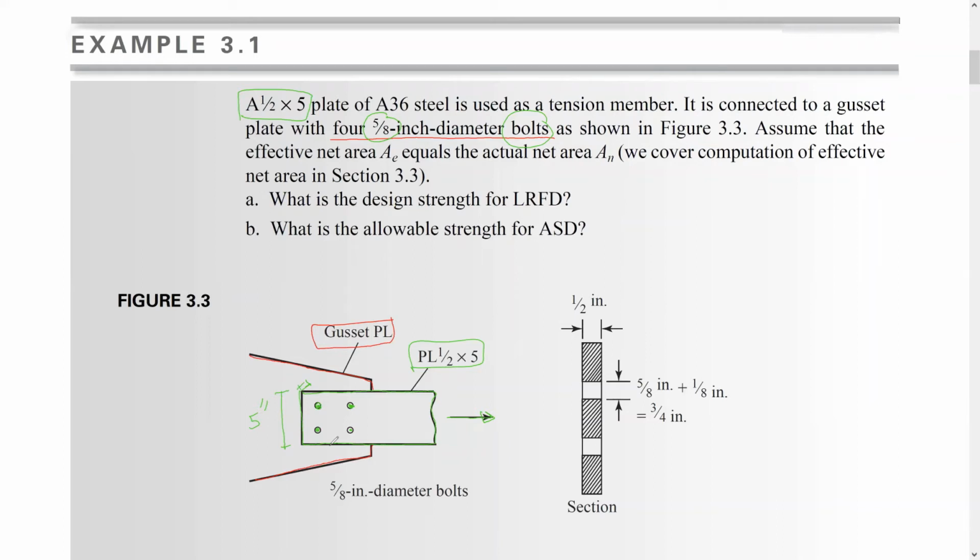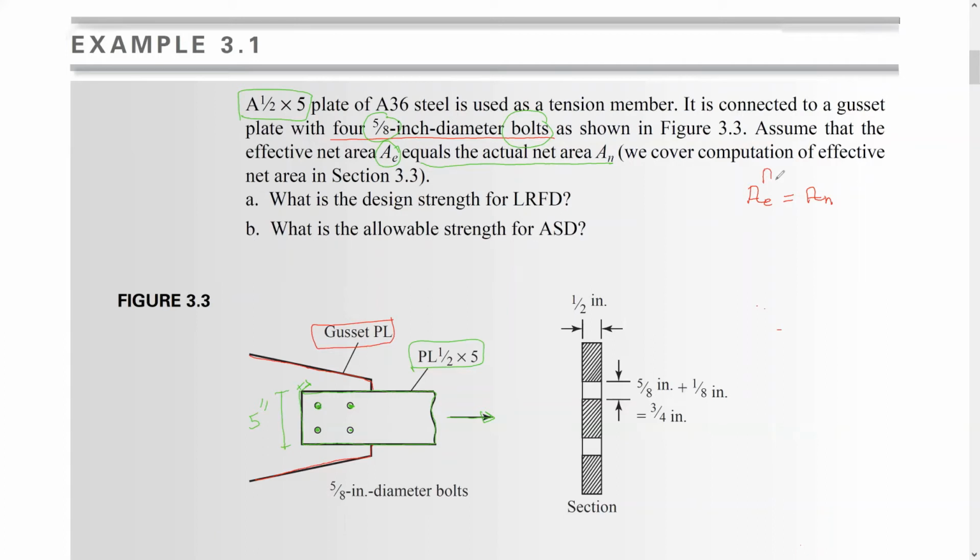Here it tells you to assume that the effective net area, A sub E, equals the actual net area. We will cover the computation for the effective net area in the next section. So assume the effective net area A sub E is equal to the net area.